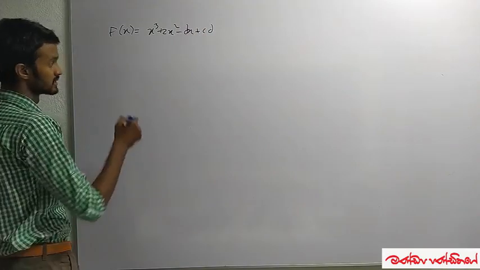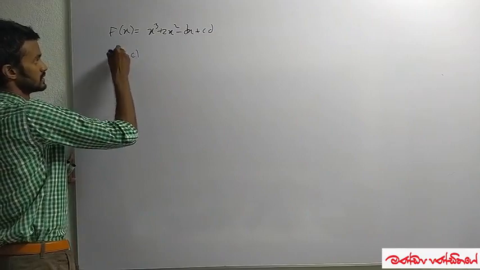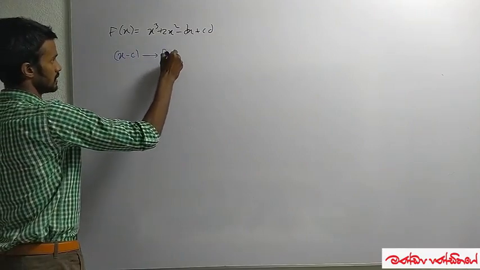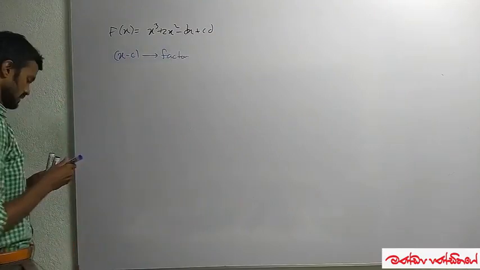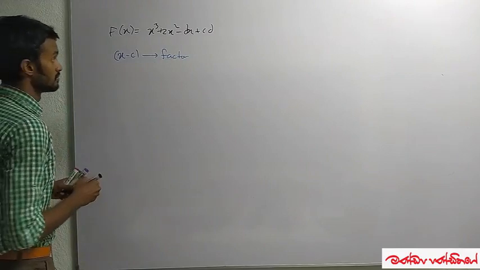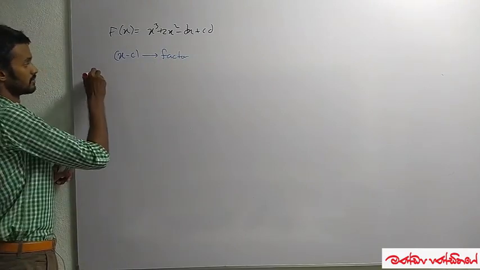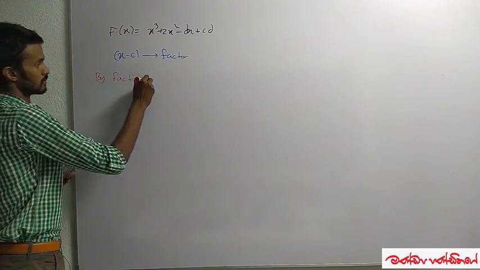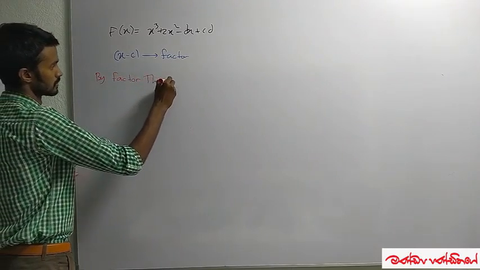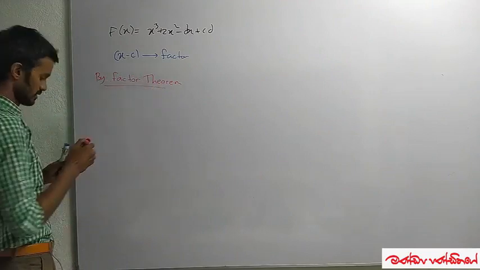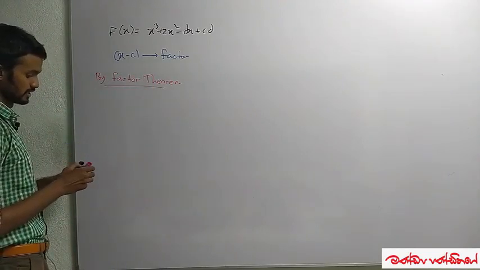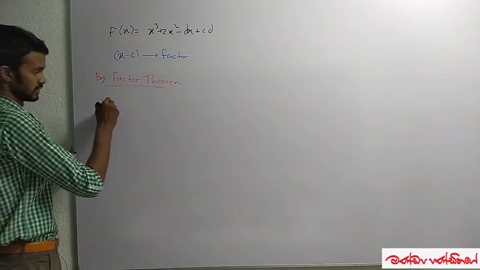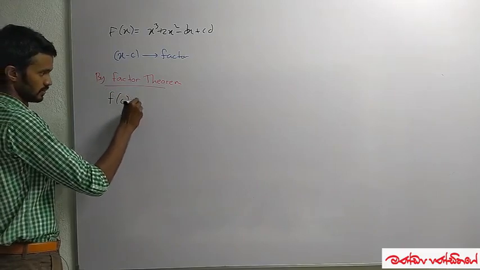It is given that x minus c is a factor, so I'll be using this. We know by the factor theorem, write it by the factor theorem. I can write if x minus c is a factor, which means f(c) is equal to 0.